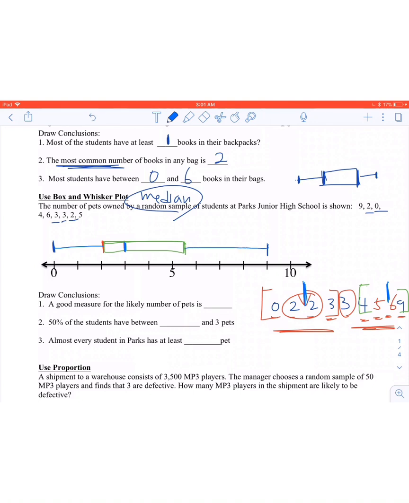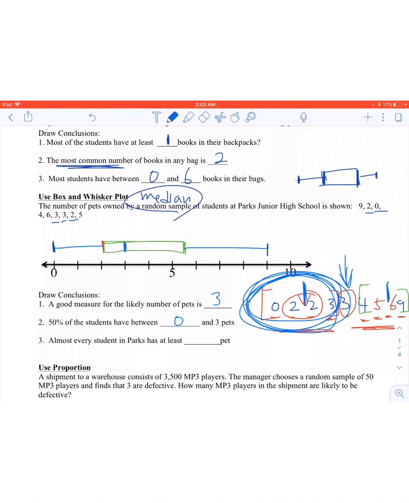Now we're going to make a conclusion here. A good measure for the likely number of pets is the median, where the middle is, which is 3. 50% of the students have between blank and 3 pets. Between means small to big numbers, so between 0 and 3 pets. Almost every student at Park has at least blank pets.